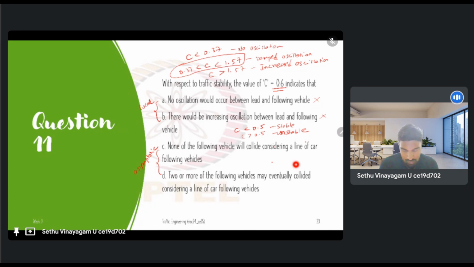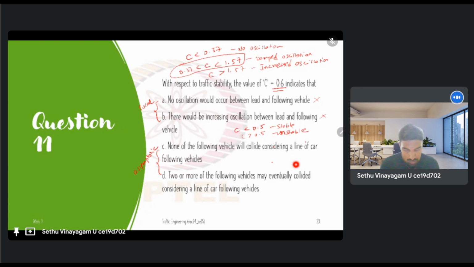What that means is that in the line of vehicles that we are considering, there will be some collisions happening. It could be two vehicles, or it could be a string of vehicles, more than two of them that may come into collision.